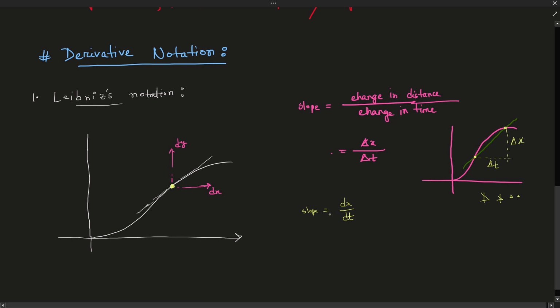Okay, so basically dx by dt represents the infinitesimal change in x direction and the t direction.